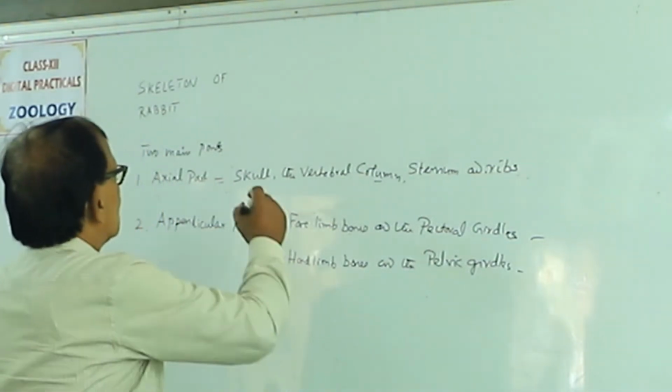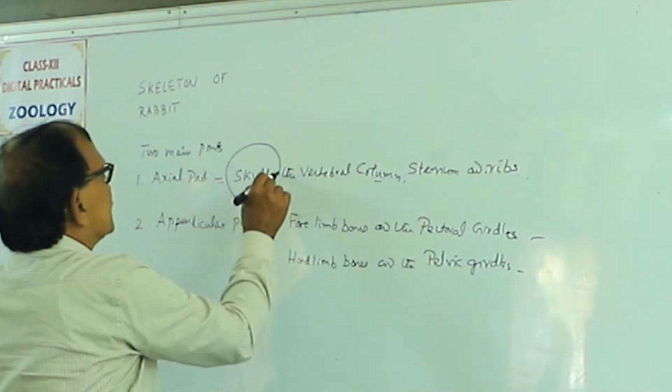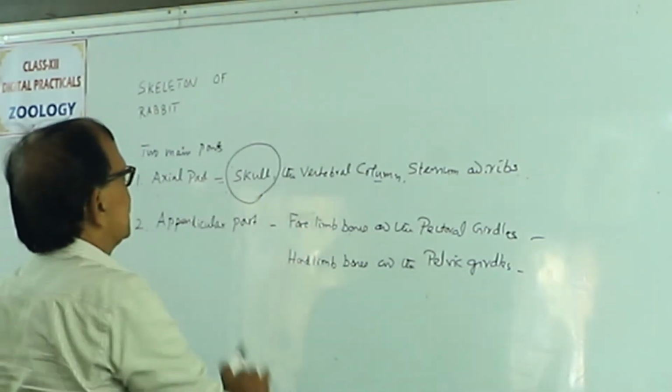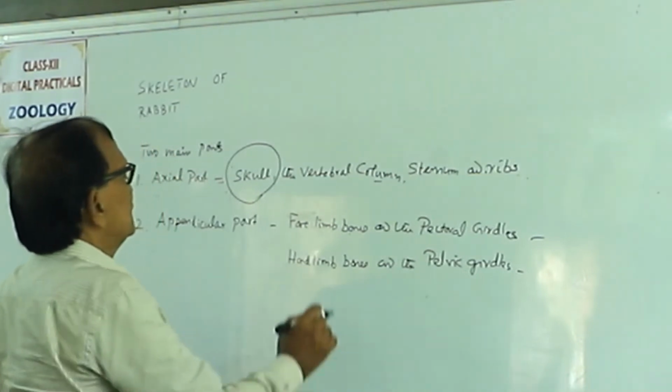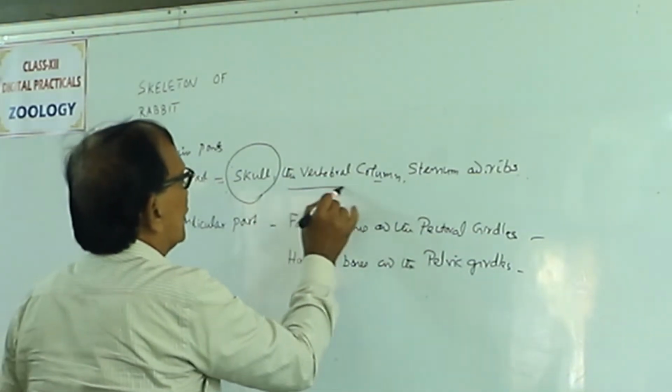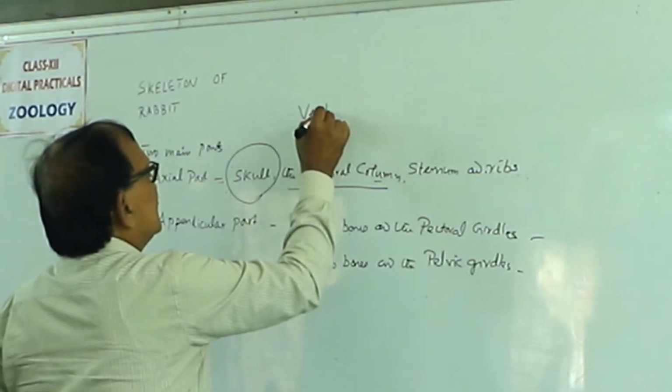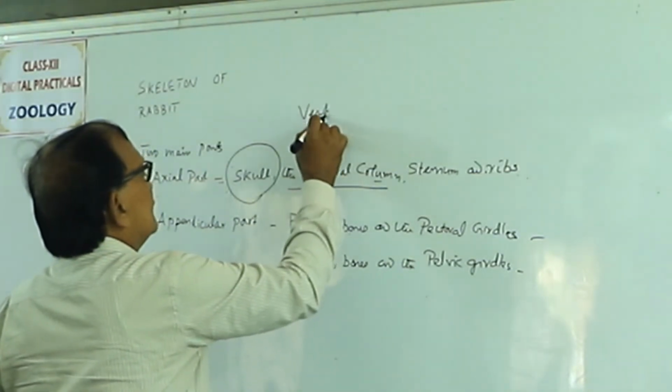Of course, the skull is excluded from the syllabus, so we will not study the skull. We will take up the vertebral column. The individual units are called the vertebrae.